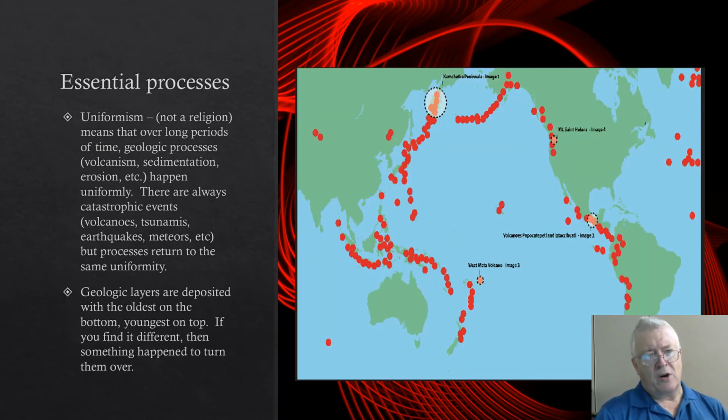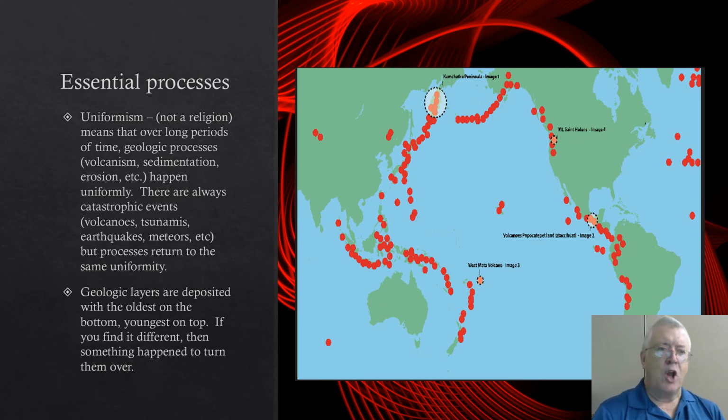There are two essential processes that you need to know about. The first one is uniformism, and I'm not talking about the Unitarian Church. I'm talking about uniformism.